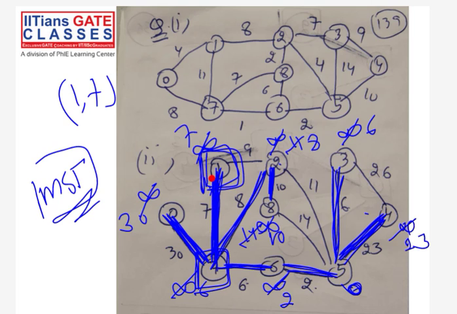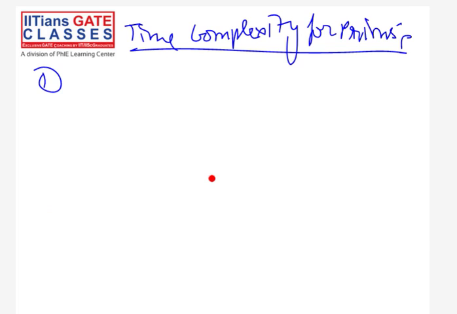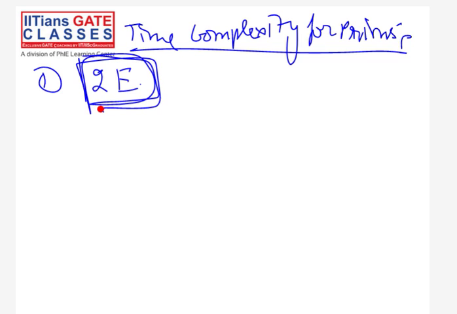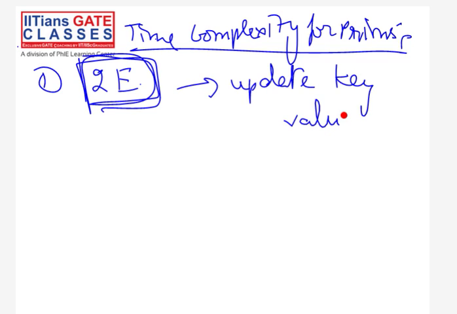So every time I land at these nodes, I check whether I've considered that particular edge or not, and every time I do it twice. So for every edge you're doing it twice. That means 2E is the total number of checks to update the key values of nodes. This is the one task.